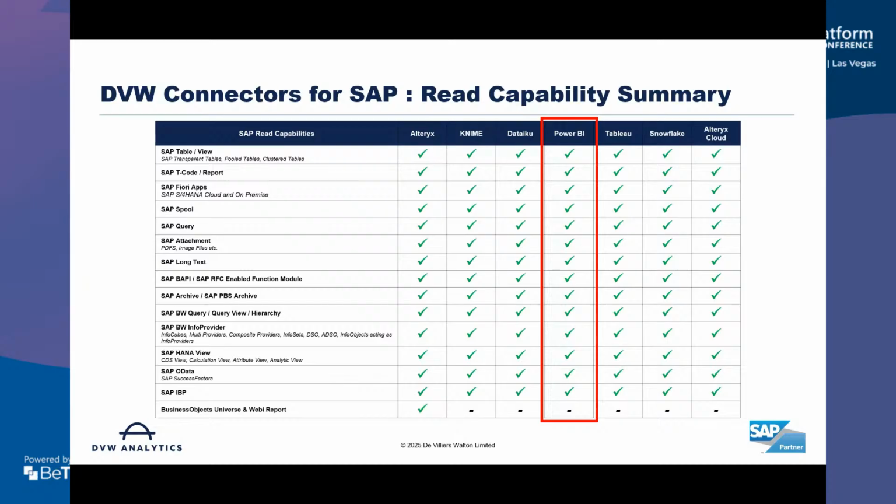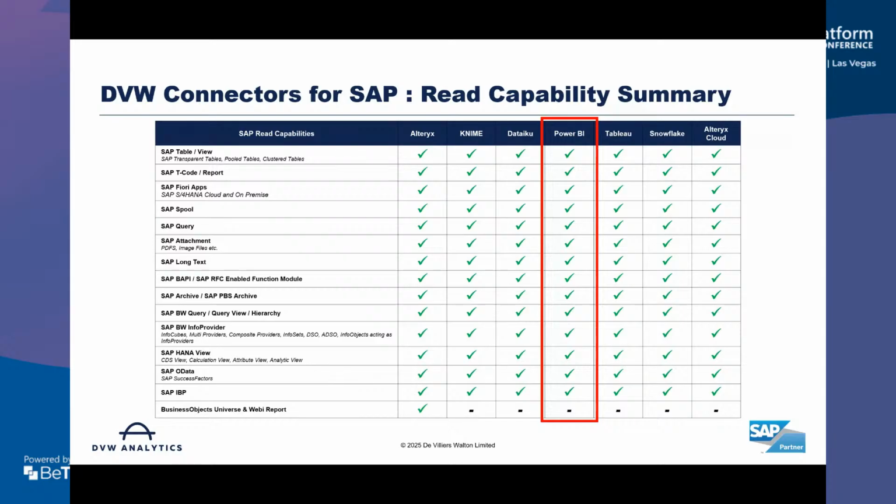Going further down, it's worth noting BW is still around. It's maybe in its later years, maybe it's starting to disappear. But as I mentioned before, it still exists in S/4HANA. We can connect to pretty much any object in SAP, whether it be query views, hierarchies, cubes, multi-providers, even the info objects, the master data we can connect to there.